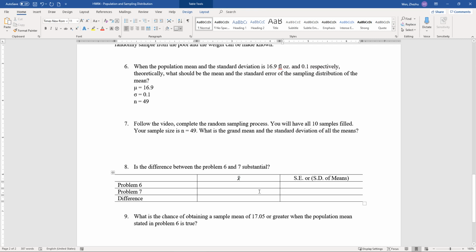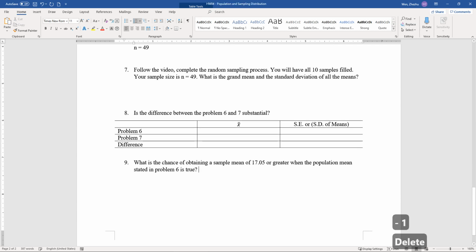And in number 7, you have this lengthy way of drawing samples and then finding the grand average and the standard deviation of all the averages, which is also called standard error. Please find the difference. For example, if this is 1 and this is 2, the difference will be 1 minus 2, minus 1. Just that simple. Then we can move on.